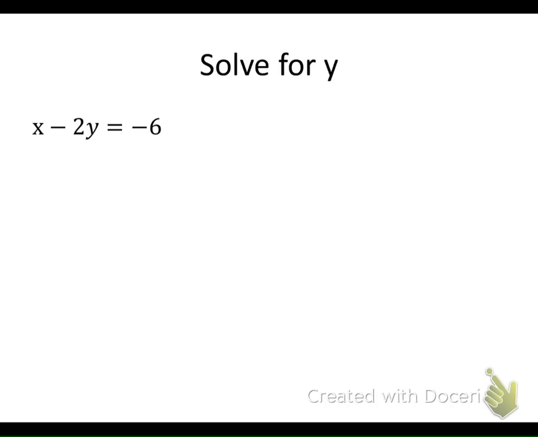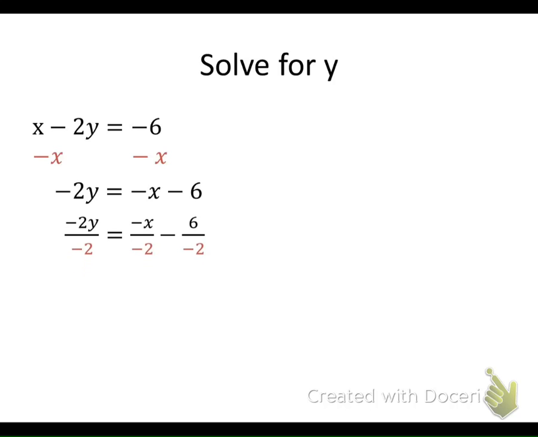Okay. Solving for y, pause it here, try it yourself. Subtract an x on both sides. Okay. Now I've got negative 2y is equal to negative x plus 6. Divide everything by a negative 2.